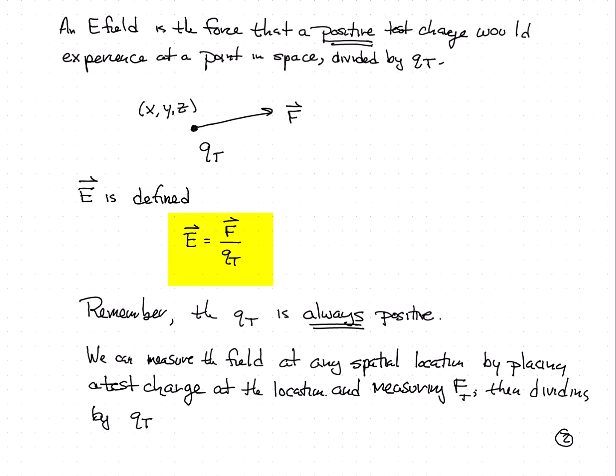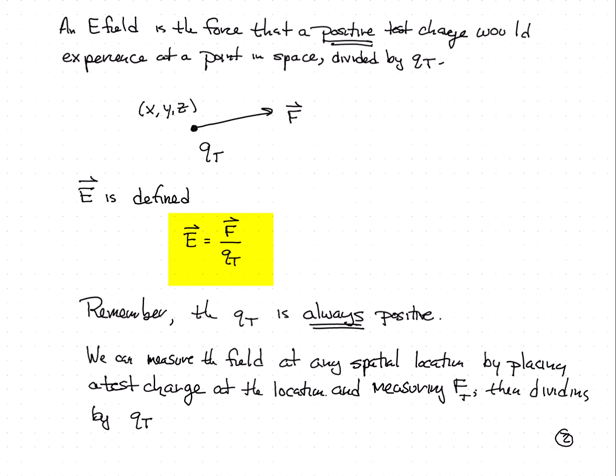The test charge is always positive. That's the definition. So we have the idea that we can sample or test and find the electric field F over QT at any point in space. And we measure at points in space using this kind of technique.